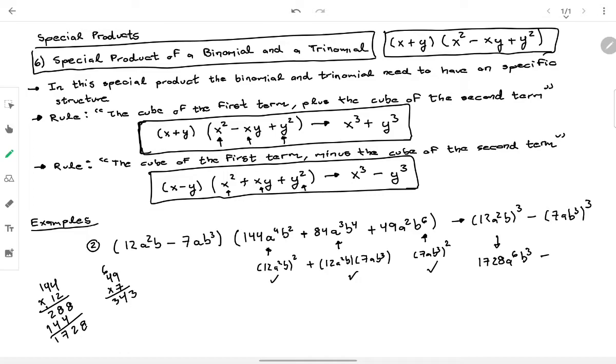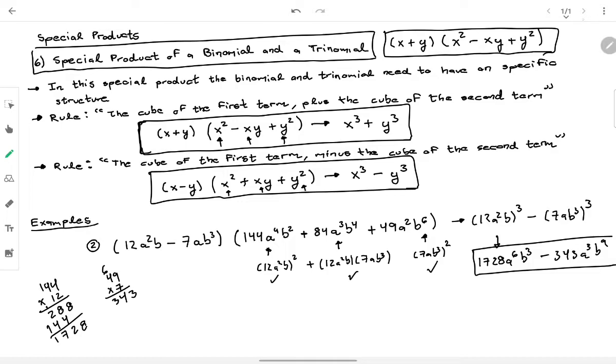It will be 343 a to the third b to the 9, and that will be the final and correct answer. So remember, in this case, the important part is we need to see if the trinomial has the specific structure for applying the rule of special products of a binomial and a trinomial.